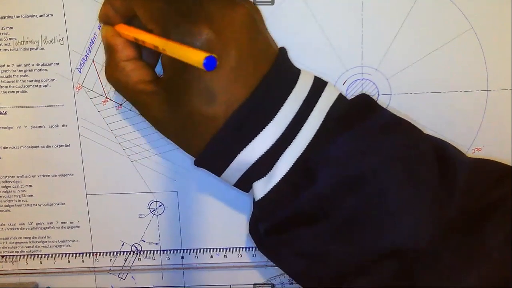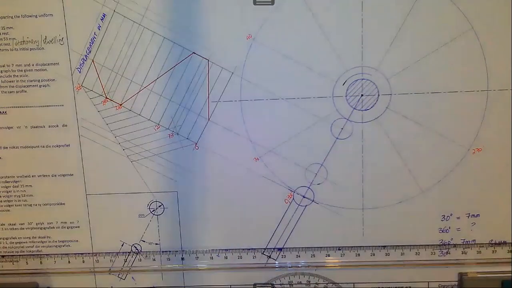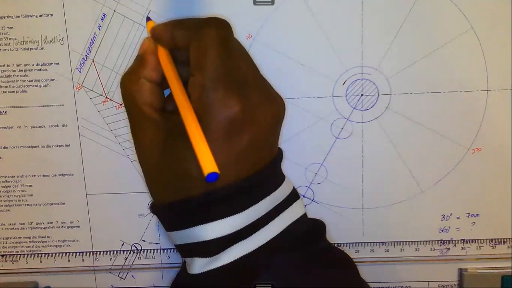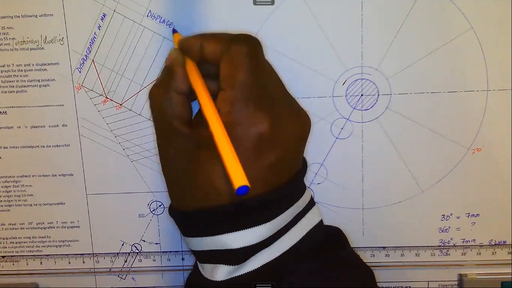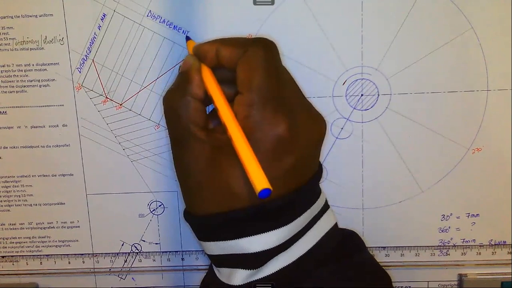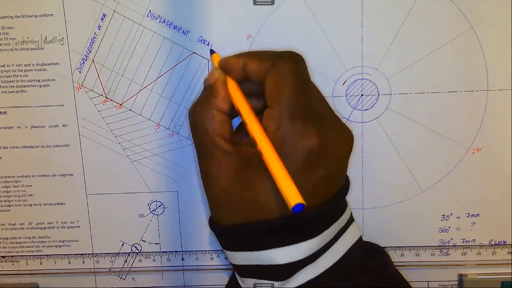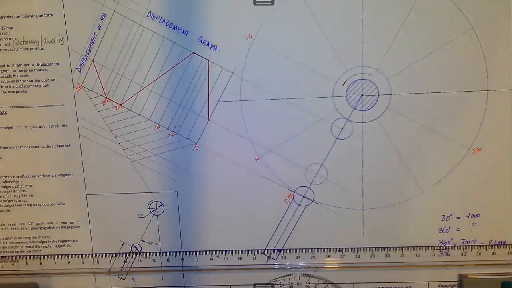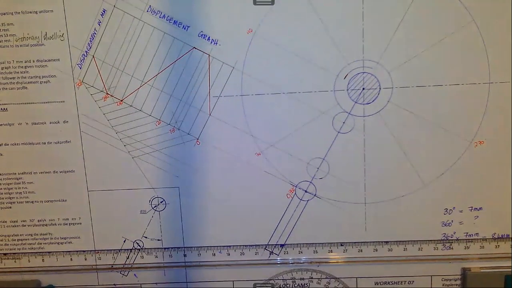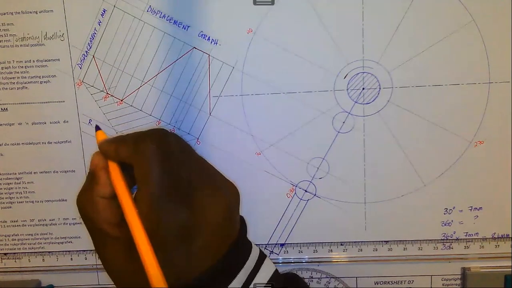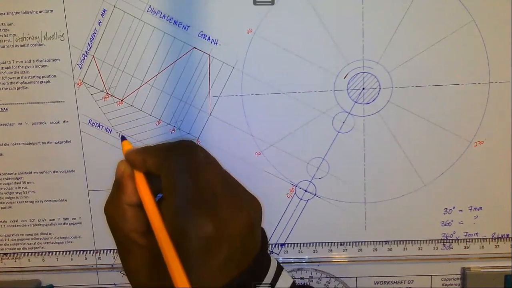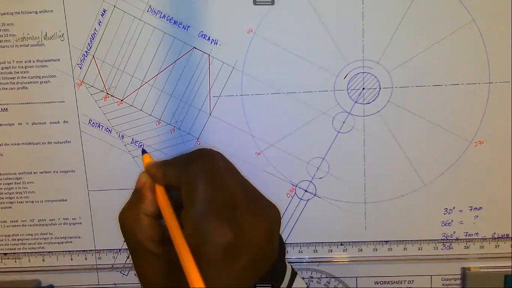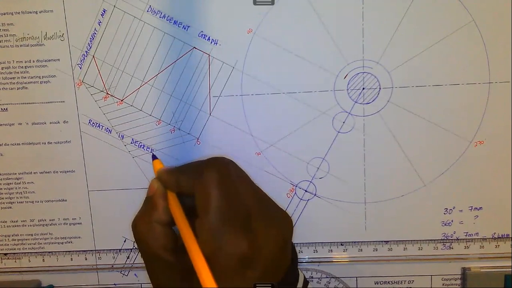In millimeters, or displacement 1:1. Right there we write, that's our displacement graph, such that it's readable. Here we write a rotation in degrees.